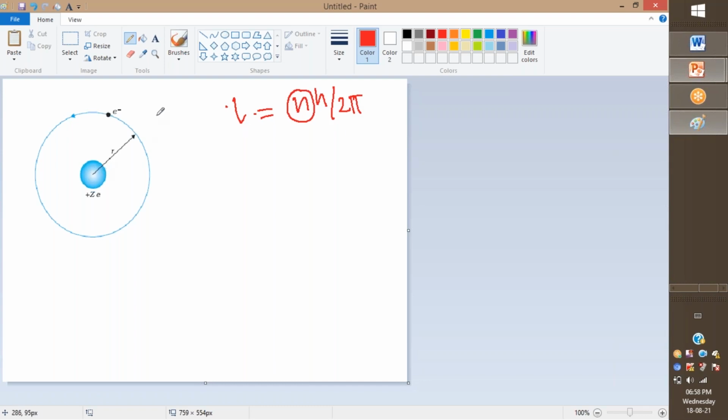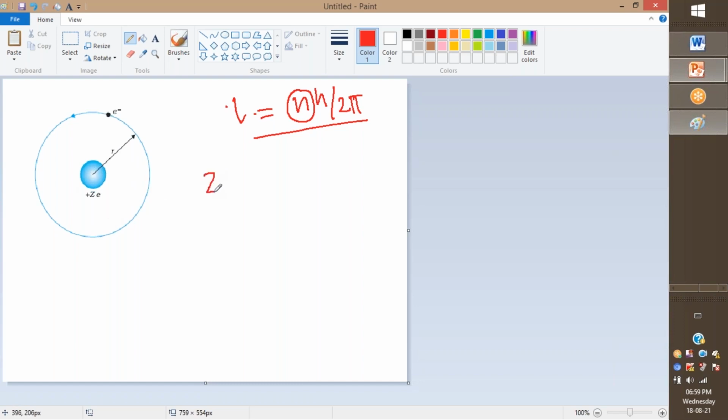For now, remember that the positive charge is situated at the nucleus, and electrons are revolving just like in planetary motion. Electrons revolve in various orbits, but those orbits are not arbitrary. They follow the rule L equals nh by 2 pi, just like Earth and other planets revolve around the sun. In gravitation, the gravitational force supplied the centripetal force for circular motion.